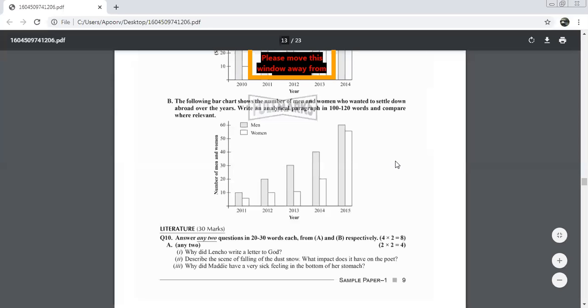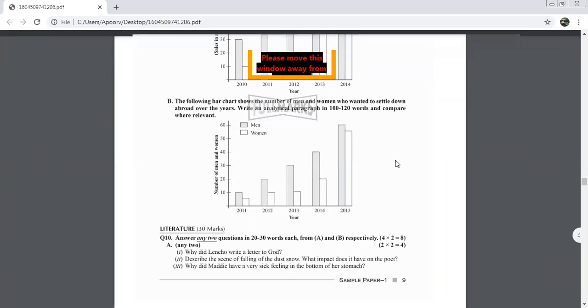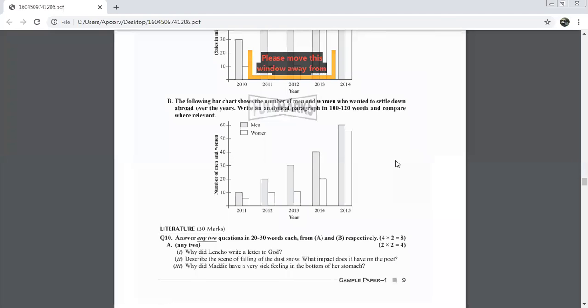Then let's discuss how to write an analytical paragraph. Just observe the graph.